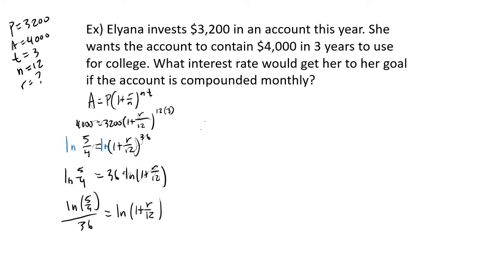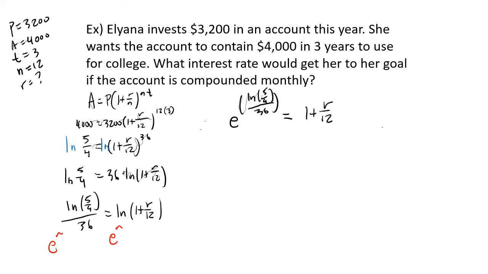Now what we can do is take the e of both sides here. We're going to raise both of these to the e power, or say that these are both powers of e. So e to that power, e to that power. So then what we have here would be e to the ln of 5/4 divided by 36, which is horrible, I understand, but it's still a calculatorable number, is equal to 1 plus r over 12.